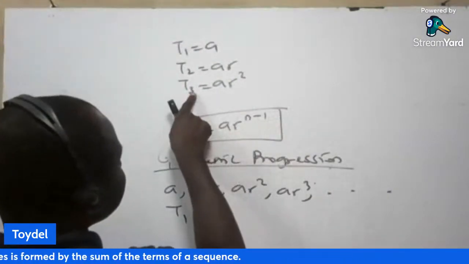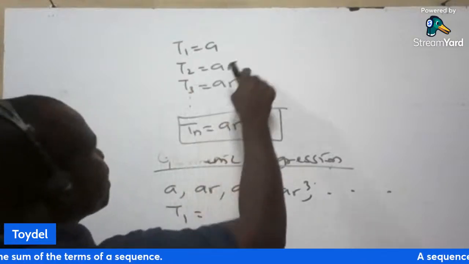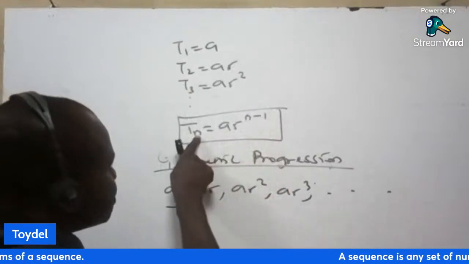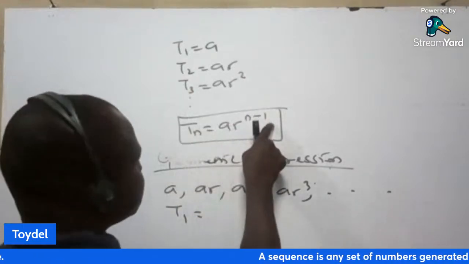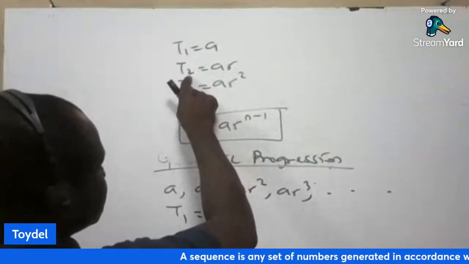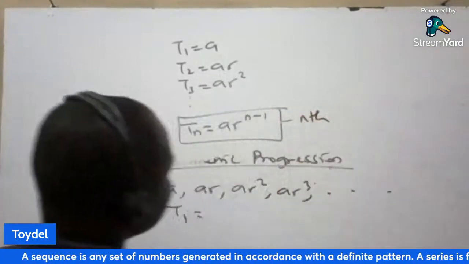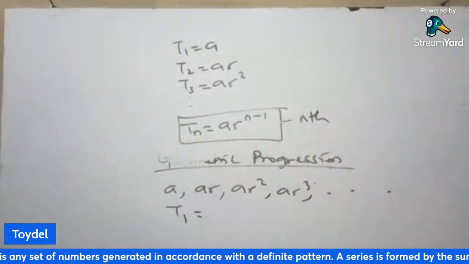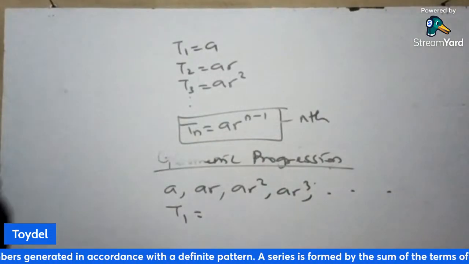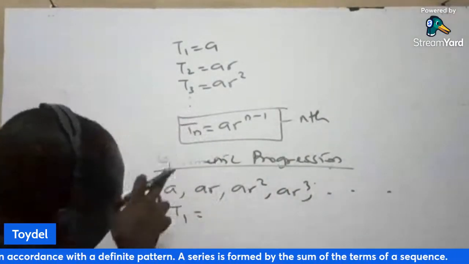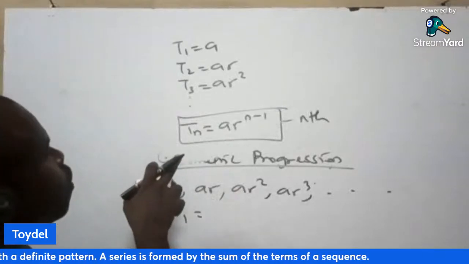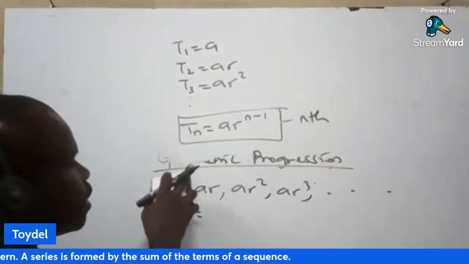Because when the subscript is 3, the power is 2. So when the subscript is now n, the power will be n minus 1, because it reduces by 1. So this is the nth term or last term of a geometric progression.